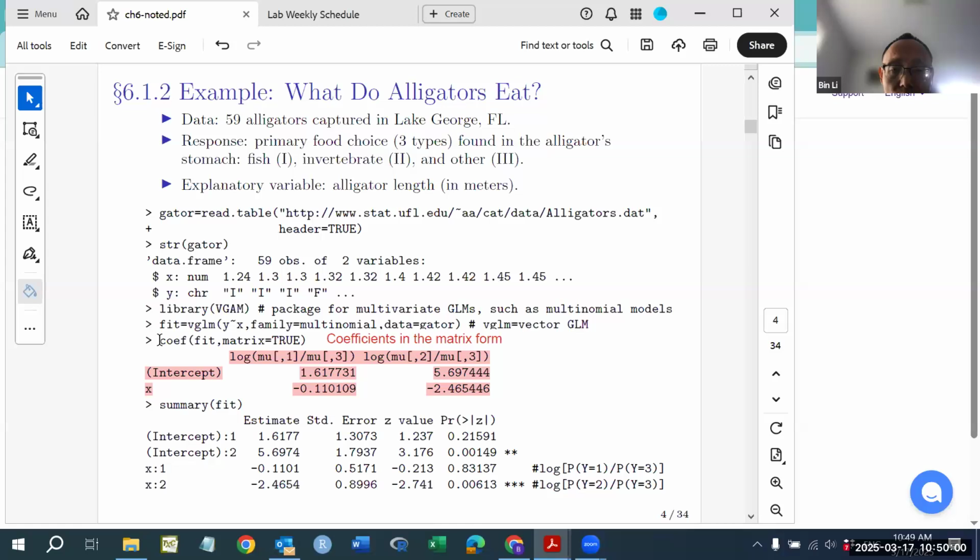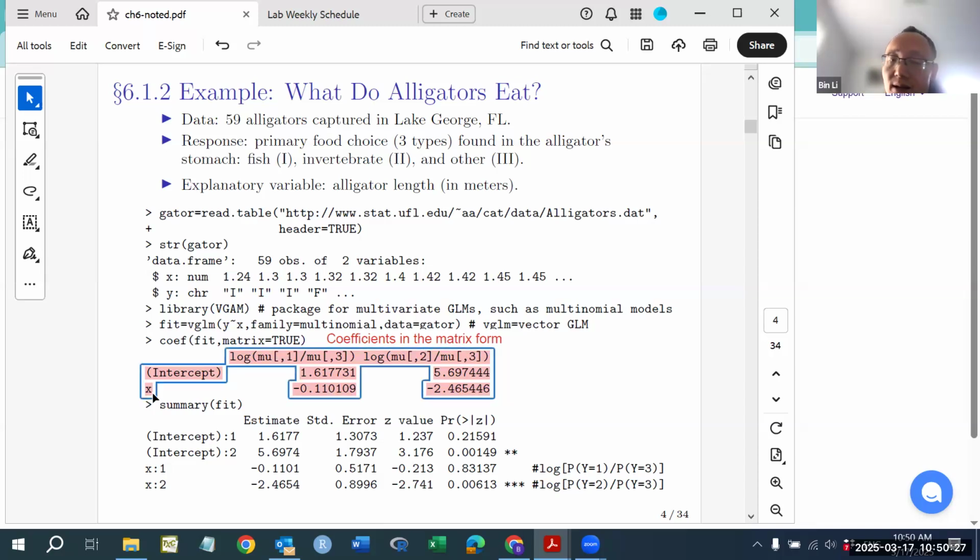For the coefficients, we fitted the model and I output the coefficients using the matrix form. That is actually a good way to show what is what. Here you can see we have two rows. The first row is the intercept.